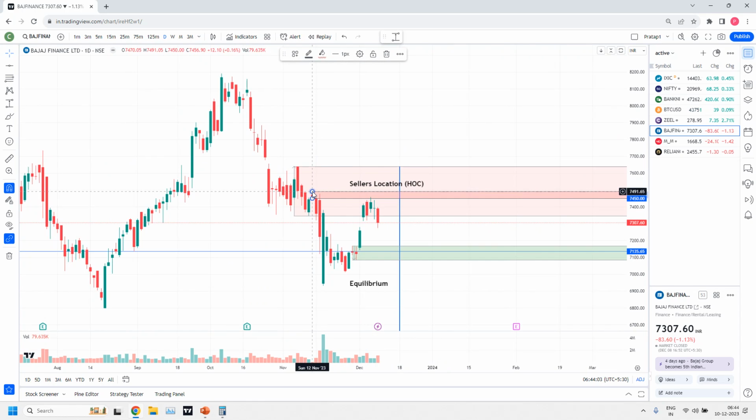Reason number one, this zone is in the seller's location. And reason number two, the trend is a downtrend. So trend is in our favor, location is also in our favor. So this could have been a short trade.